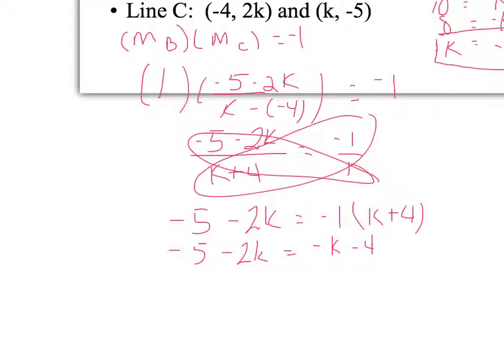All right, so just solving for k, I'm going to add k to both sides, which will give me a -k. And I'm going to add 5 to both sides. So -k equals a +1. So flip the sign everywhere. K equals -1. There we go. That would make those two lines perpendicular.